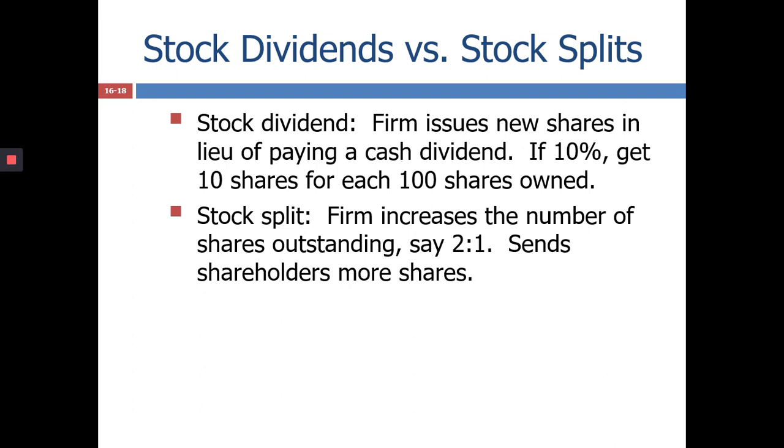So that's another way of giving back money to the shareholders. One is giving more shares, like bonus shares. And then you have stock split. From 1 share you split into 2. So instead of 100 shares, now you have 200 shares of the company.